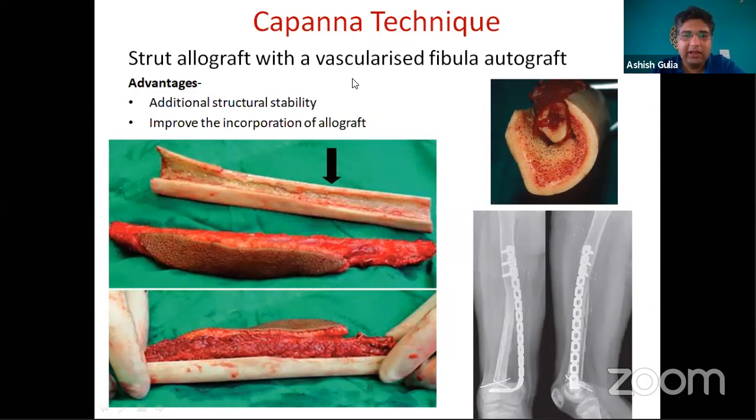Obviously, you need to leave 6 centimeters of distal fibula to maintain the integrity and stability of the ankle joint. So depending on that, we do a lot of pre-operative planning and we talk to our team so that intraoperatively we have less confusion. Everybody is updated about the plan, and I think things run pretty smooth that way.